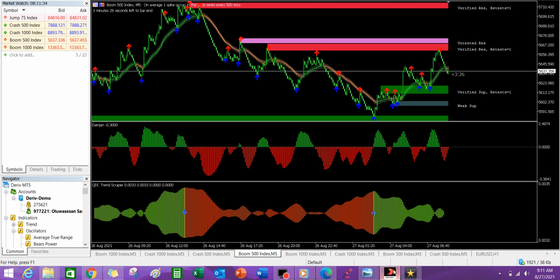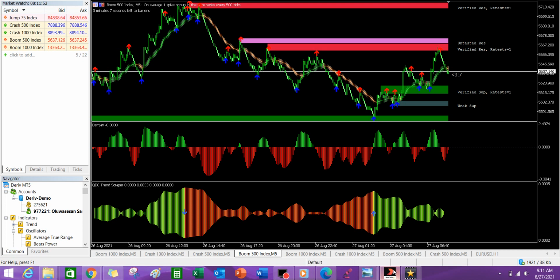It is always important that you know how to identify your support and resistance levels, and the best way to do that is to know your trend. When you know your trend, you will be able to identify your support and resistance levels, and that way you will know your entry point and your exit point.